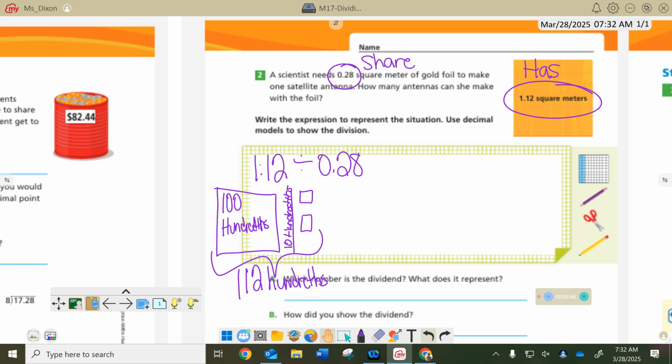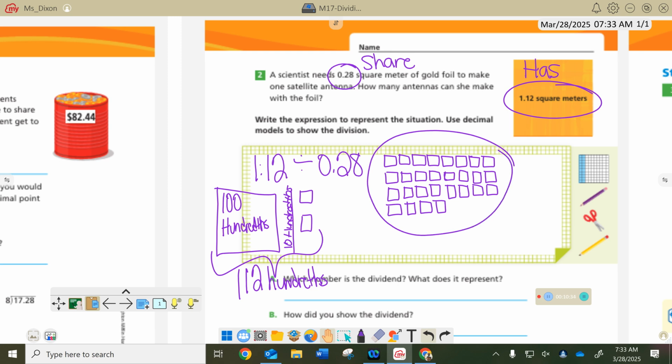I'm going to draw the first group for you. 1, 2, 3, 4, 5, 6, 7, 8, 9, 10, 11, 12, 13, 14, 15, 16, 17, 18, 19, 20, 21, 22, 23, 24, 25, 26, 27, and 28.